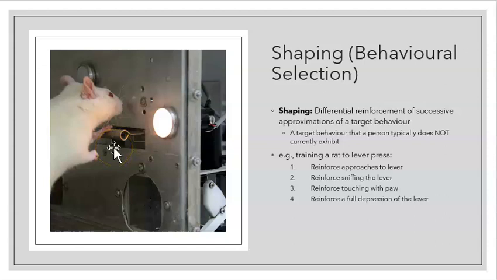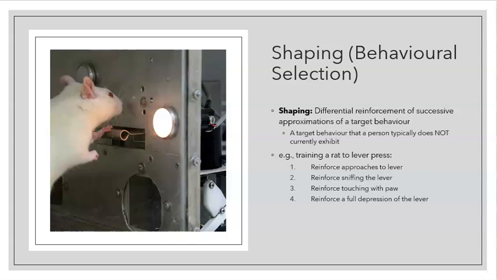And now that shaping has occurred and the rat knows how to press the lever, we can now use that lever in operant conditioning, so training the rat to press the lever when the light is green versus red, when it hears rock music versus classical music, things like that. So we're really training a behavior that we're going to use in operant. So shaping is used to develop a target behavior that a person or animal doesn't currently exhibit.